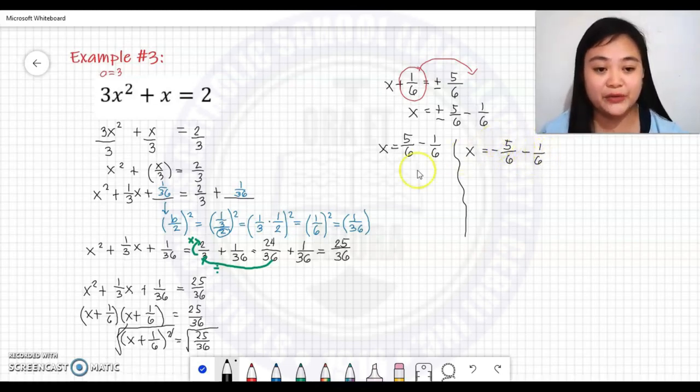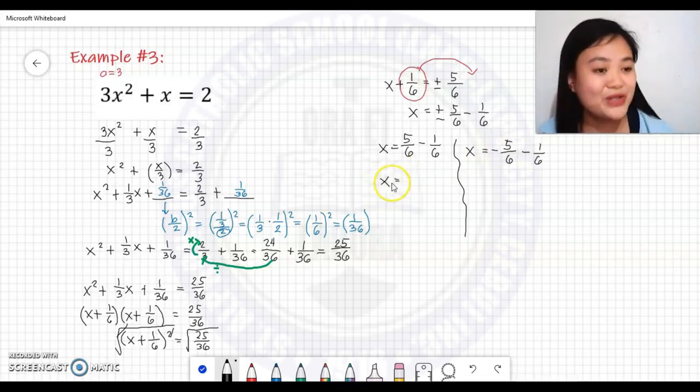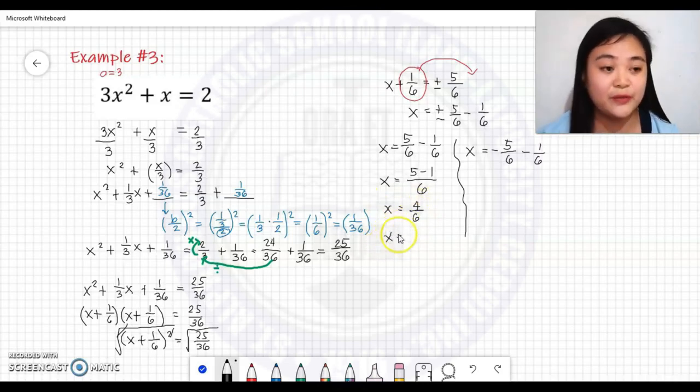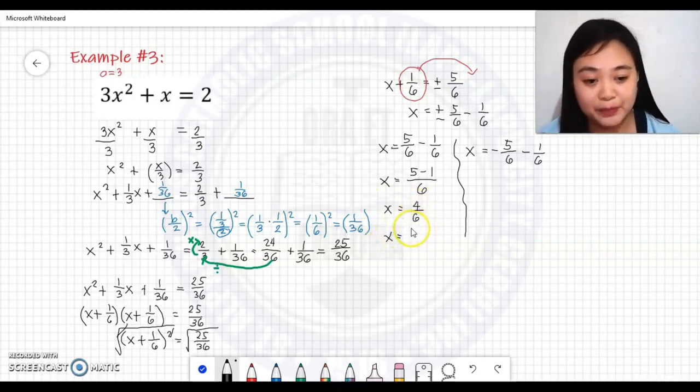As we have learned in our fractions, if they have the same denominator, they are similar fractions. If they are similar fractions, then we could add or subtract the numerators directly. So 5 minus 1 is 4 over 6. And we need to simplify further. Simplify 4 over 6. That would become 2 over 3. And that is now the first value of x.